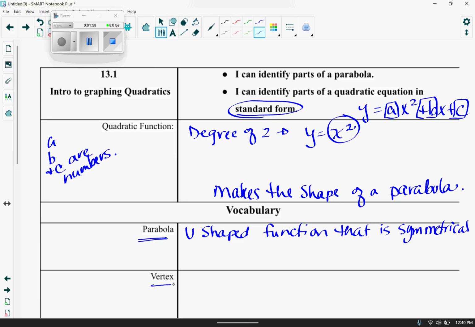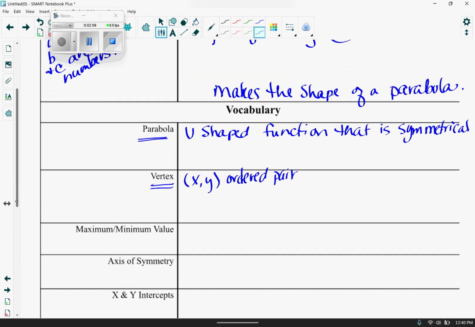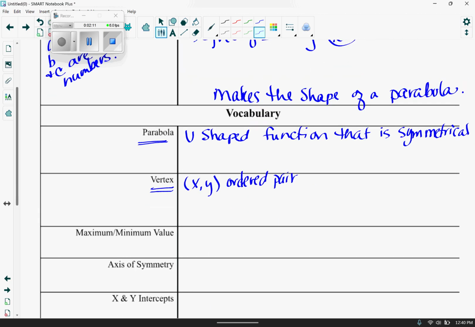It has a vertex. This is an ordered pair, an x, y ordered pair, of the maximum or minimum point.